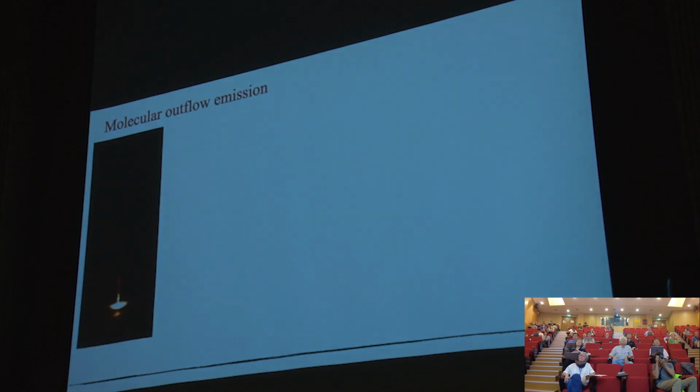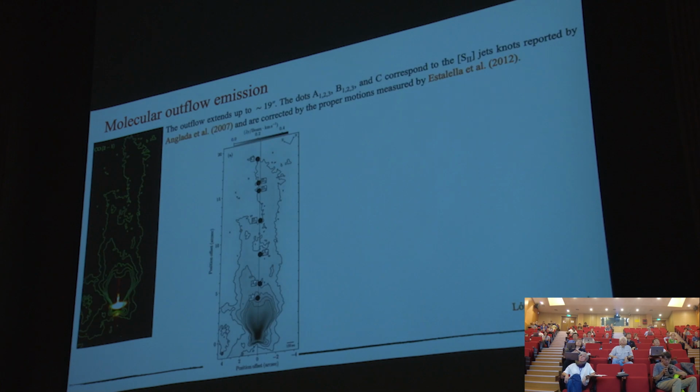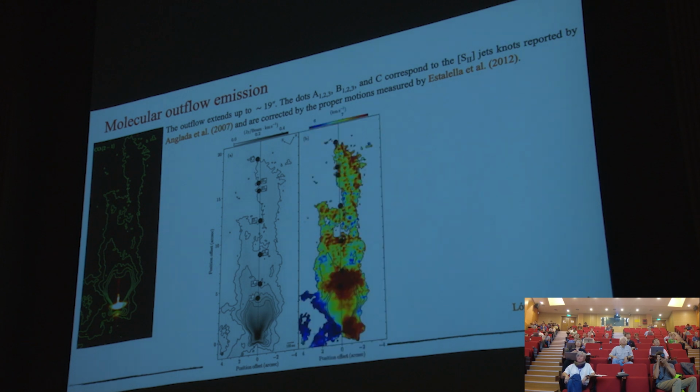If we focus on the CO emission, you can see the molecular outflow extends to 19 arc seconds, and the black dots correspond to the nodes of the protostellar jet, the SiO nodes. If we analyze the velocity map, you can observe that very close to the accretion disk, the molecular outflow presents a velocity difference.